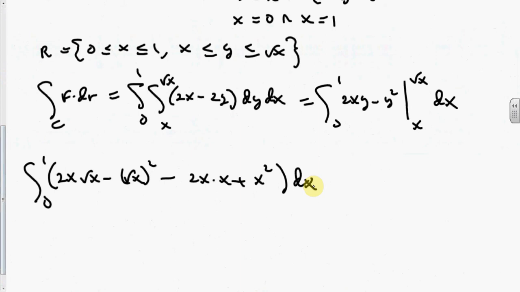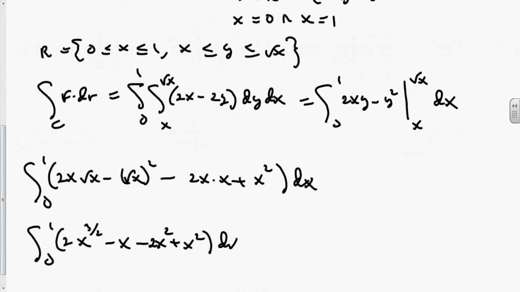It's not independent of path, so I don't expect to get the same value for this integral like I did from the previous one. So this is the integral from 0 to 1. This is 2x to the 3/2 minus x minus 2x squared plus x squared dx.